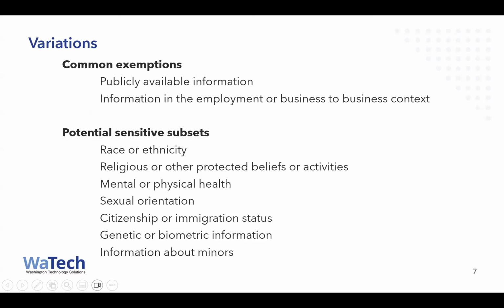There are some common exceptions that we see when we look at those definitions. One of the big ones, especially in the United States, is about publicly available information. So, this is information that's already out there in the public domain and is not being protected.